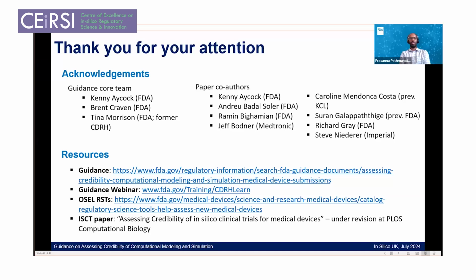There's a lot that can be said when we think about how we evaluate models versus how we evaluate bench tests and clinical data and animal experiments. And part of it is the history, in terms of the other methods are all established, and we're trying to develop processes for models right now.